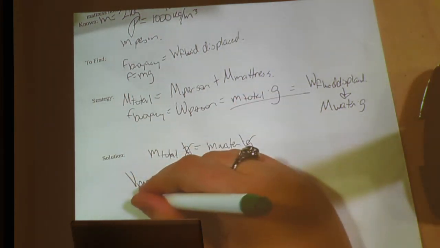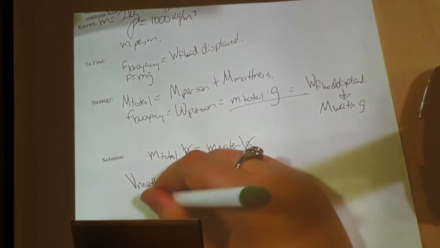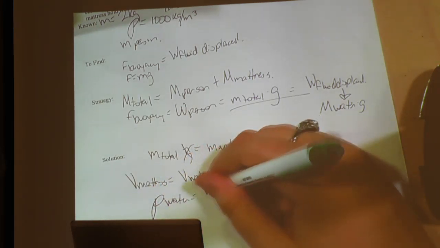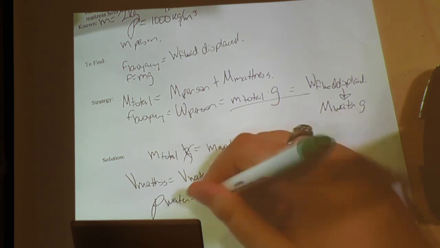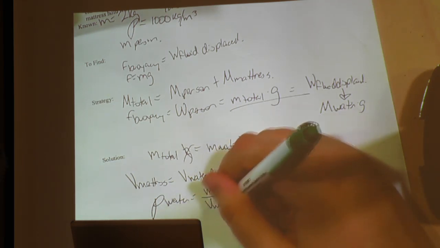We know the density of water, and we know the volume of the mattress. So we can do density of water equals the mass of water over the volume of water displaced.